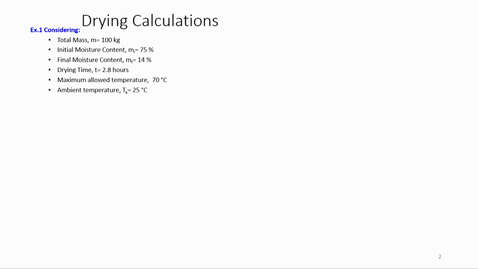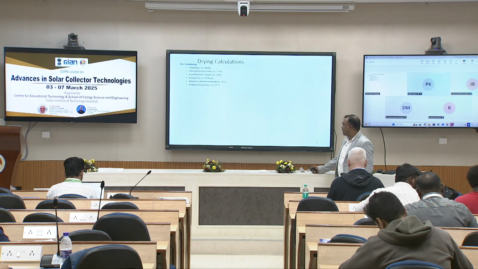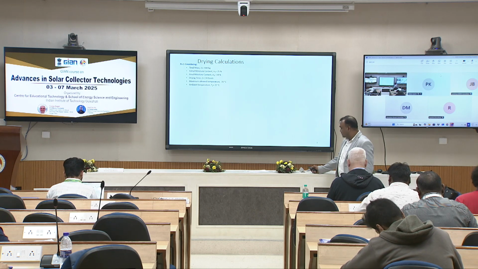So, how to proceed with this problem? What are the parameters? T, Mi, Mf are known to you, and then you have the maximum allowed temperature, and the ambient temperature is known to us.